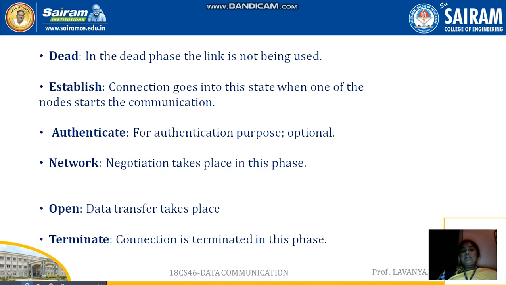The second one is the establish phase. It makes the connection, establishing connections between the different nodes. Only after that do we start the communication, once the connection is established between the two devices, source and destination. The next one is authenticate.